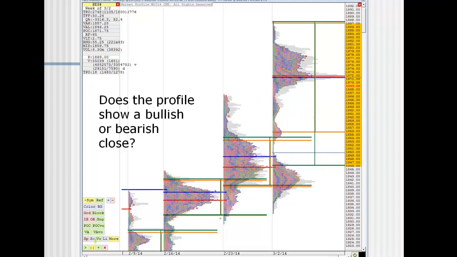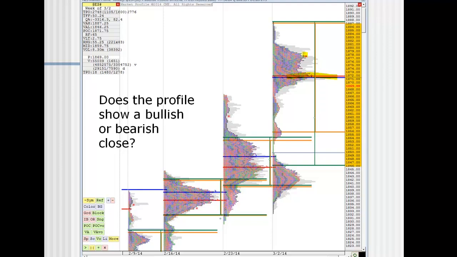Does the profile show a bullish or bearish close? This is an interesting question. Now notice, we close above the volume point of control, both for the TPO, the time price opportunity point of control, as well as the volume point of control.